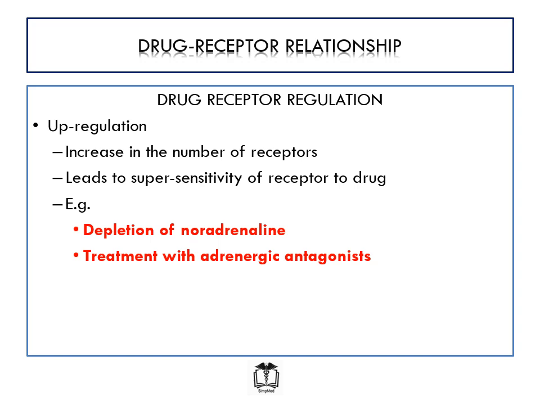Examples could be a depletion of noradrenaline, or if you are giving an adrenergic antagonist. These two things will lead to the tissues being super sensitive to noradrenaline, and the number of receptors to noradrenaline would also increase, thereby leading to an upregulation.